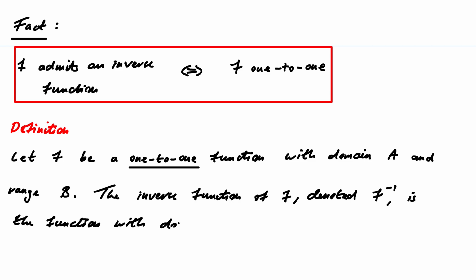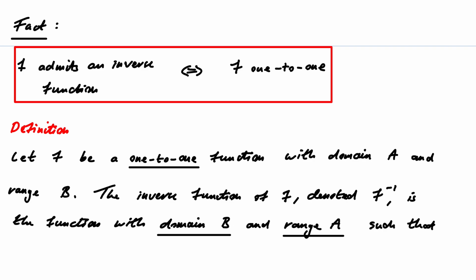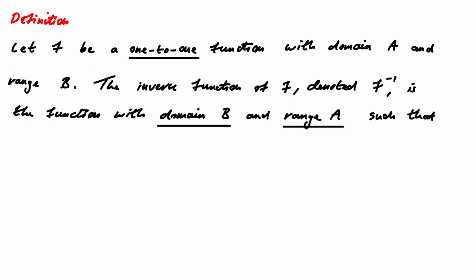So it's going to be domain B now and range A, such that, this is the defining property, f inverse of some number y is equal to x.